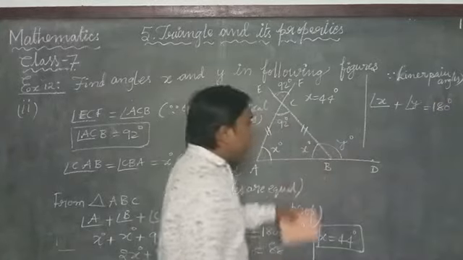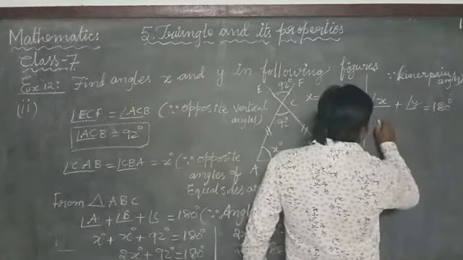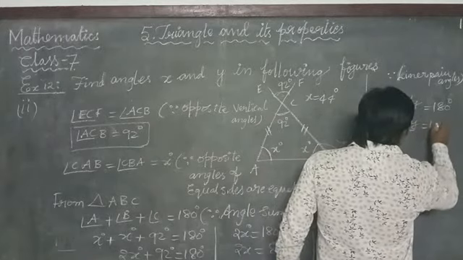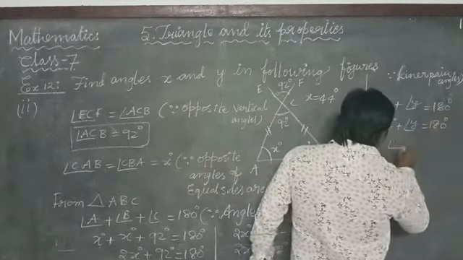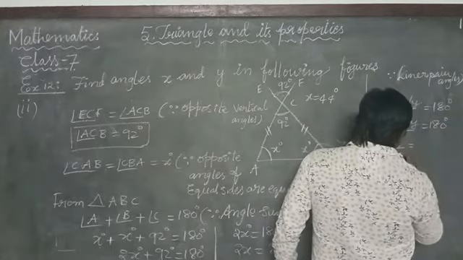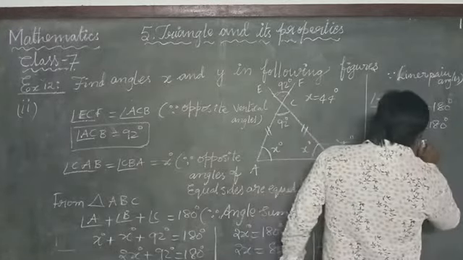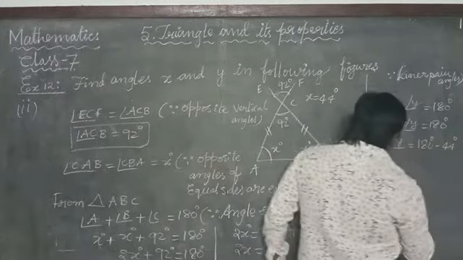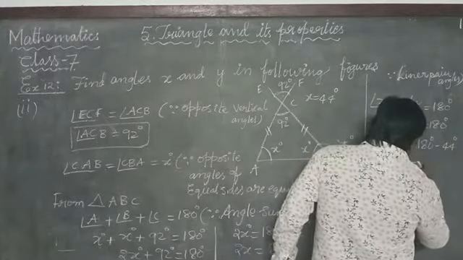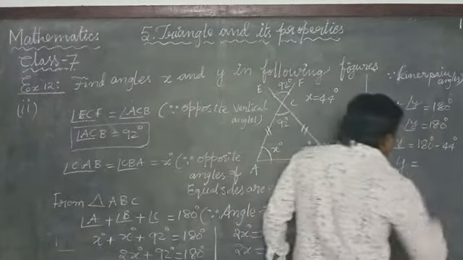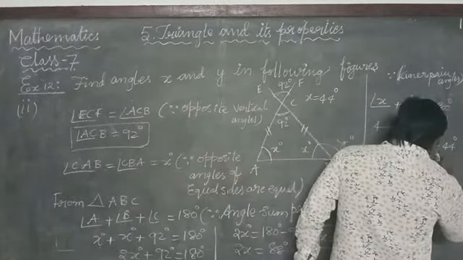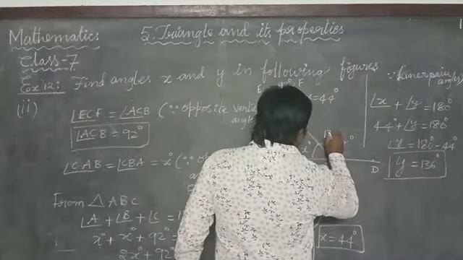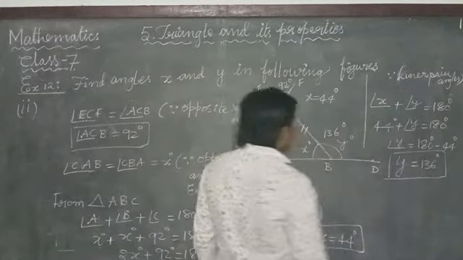Here angle x equals 44 degrees plus angle y equals 180 degrees. Then angle y equals 180 degrees minus 44 degrees, so y equals 136 degrees. Here angle y is 136 degrees.